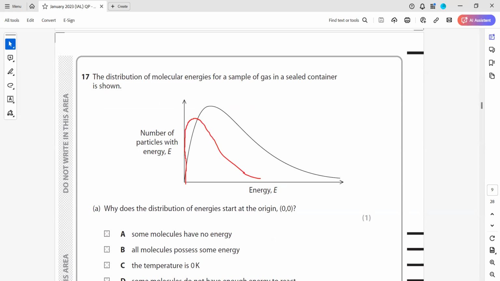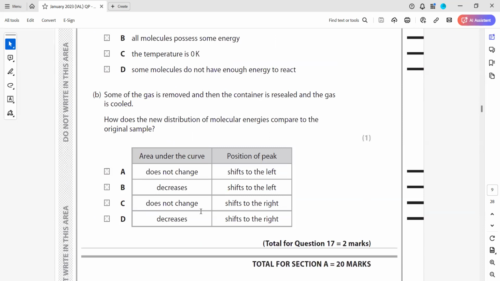Why is the total area decreasing? As the number of molecules is also decreasing, because the area under the graph gives us the number of molecules. As we remove some molecules, the area under the graph will also decrease and it will shift towards the left-hand side. So B will be the right answer.